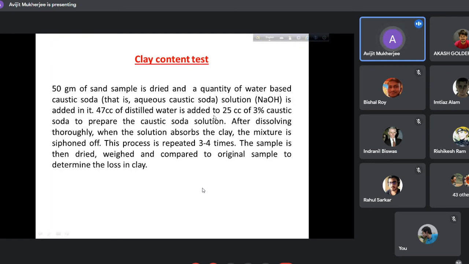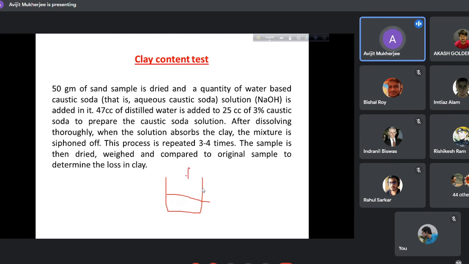After preparation of this solution, this is the beaker, you are preparing the solution here. Okay, this is the aqueous caustic soda solution.